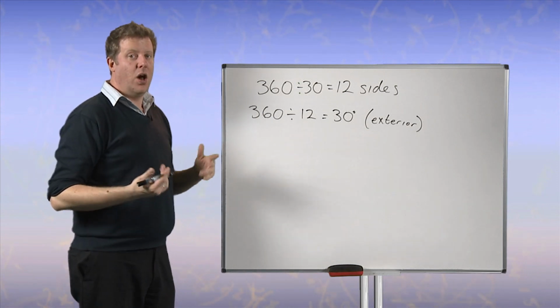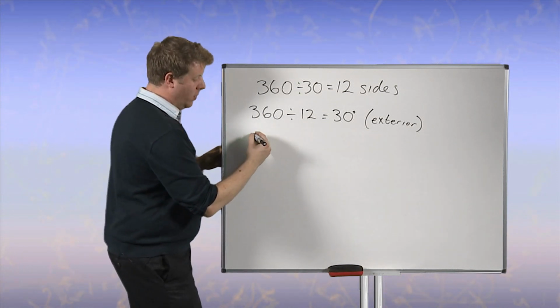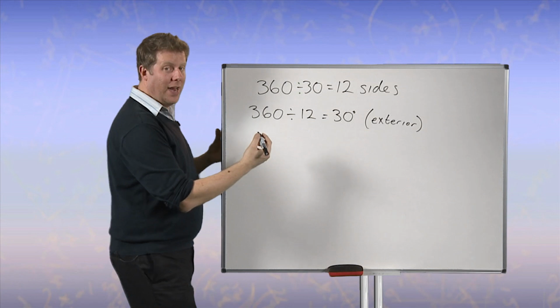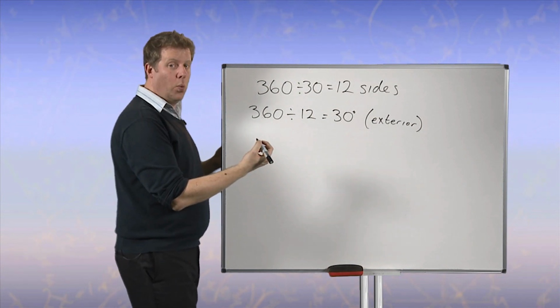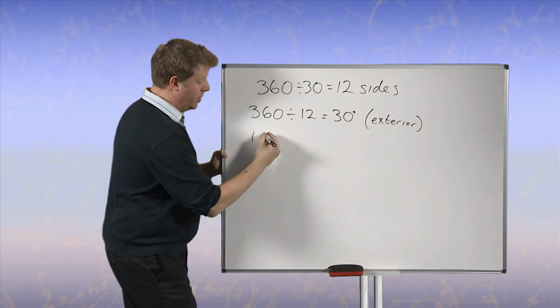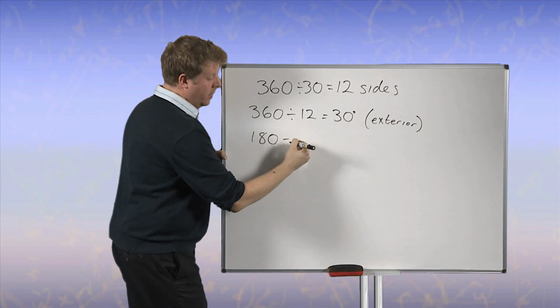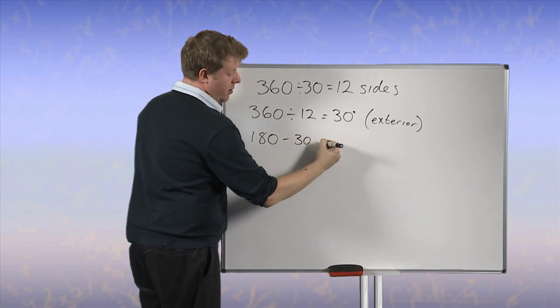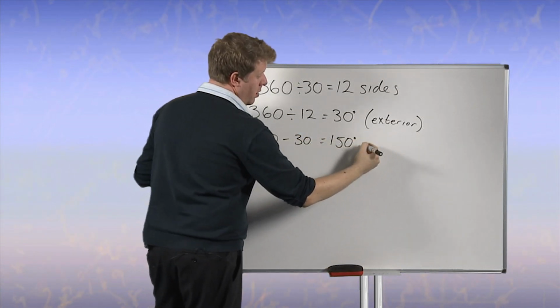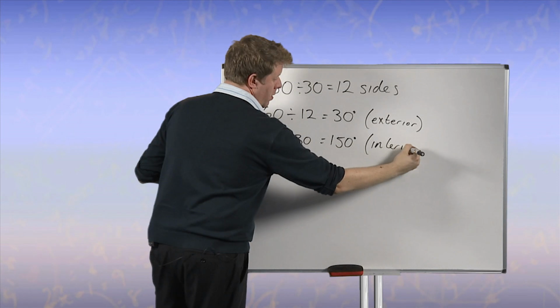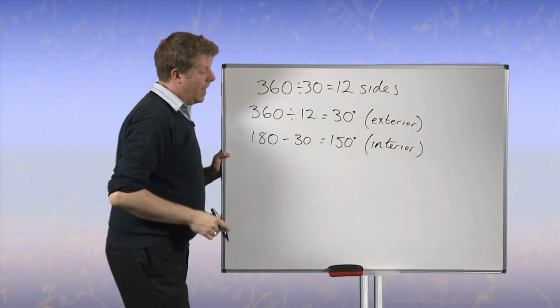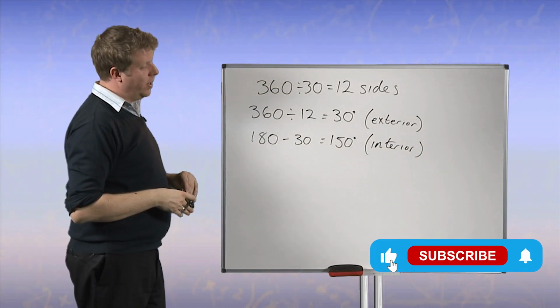Now I know that, I can work out my interior angle, because I know interior and exterior angles make 180. So all I need to do is 180 subtract 30, which gives me my interior angle of 150 degrees.